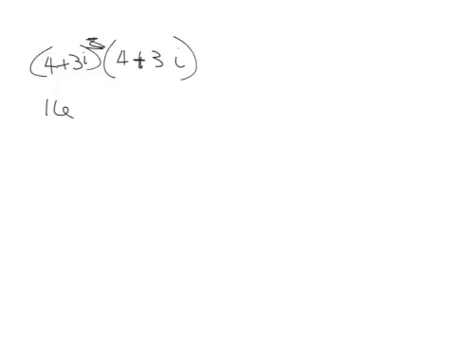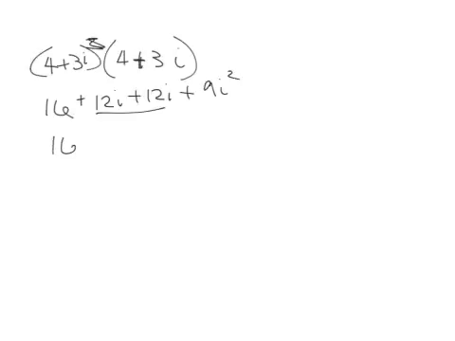If we look at the B part of this example, we have 4 plus 3i, and they're squaring it. Okay, so it's just like taking 4 plus 3i times 4 plus 3i. So we get 16 plus, outside, 12i, inside, and then last.